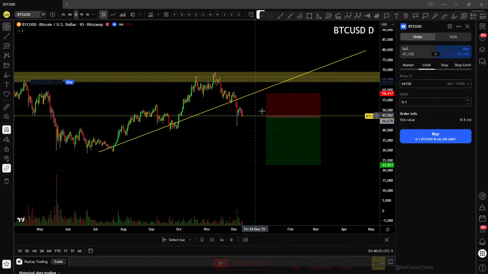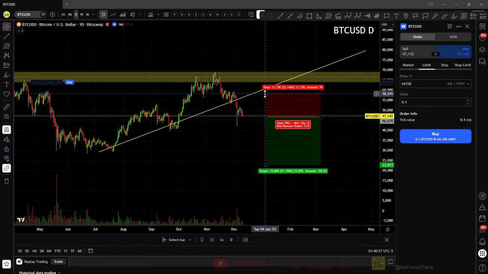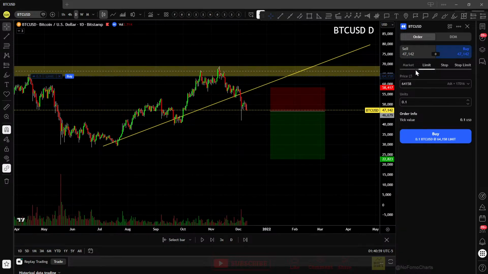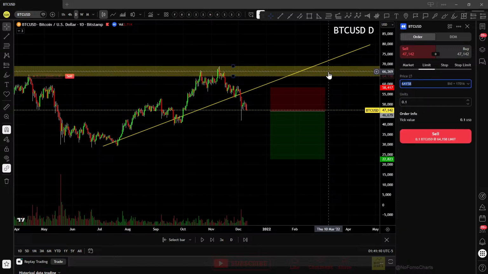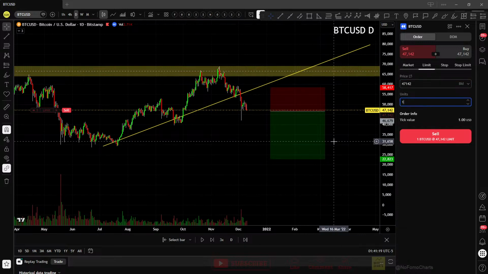I'm just going to use a very large stop loss of 25% as a short. So I'm going to sell, limit order of the current price, which should be 47,142. That's the bid in this example. And I'll just do 1 unit.